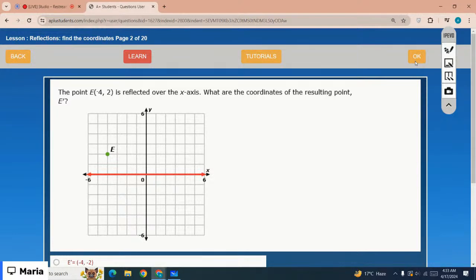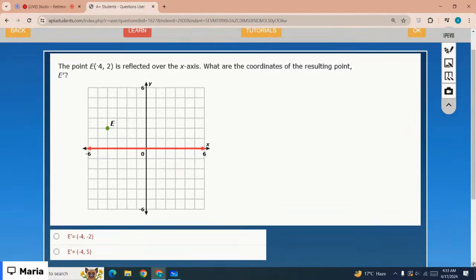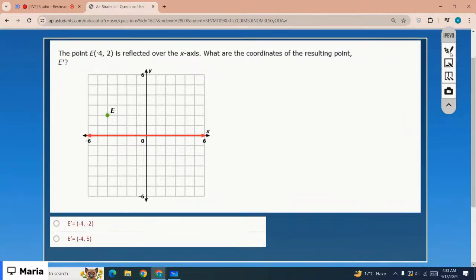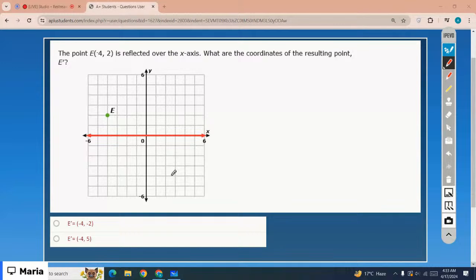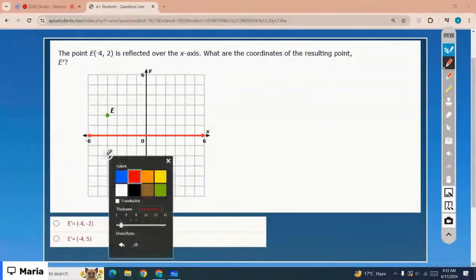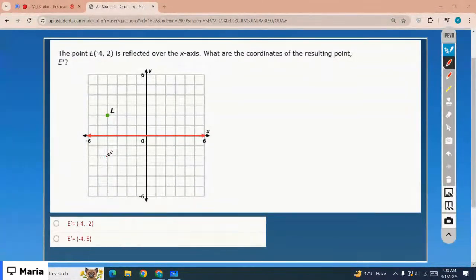The point E negative 4, 2 is reflected over the x-axis. What are the coordinates of the resulting point? So that would be reflected over the x-axis, right? So the point must be the same distance on the x-axis but on the other side.